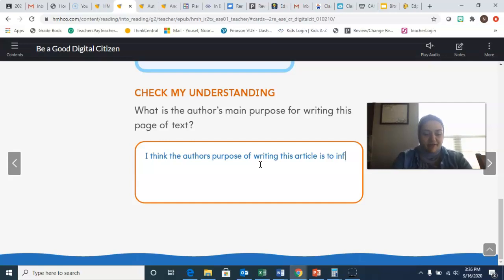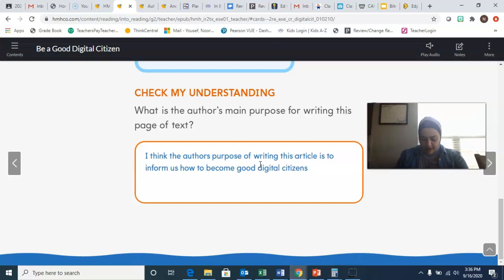Very good. To inform us about what? What is the author informing us? Informing us how to become good digital citizens, right?